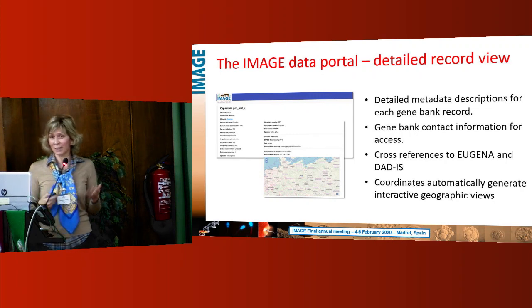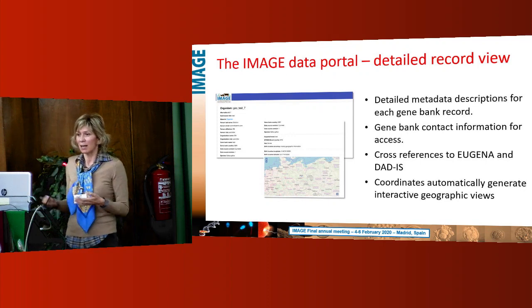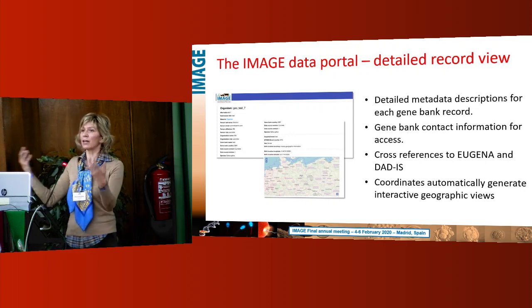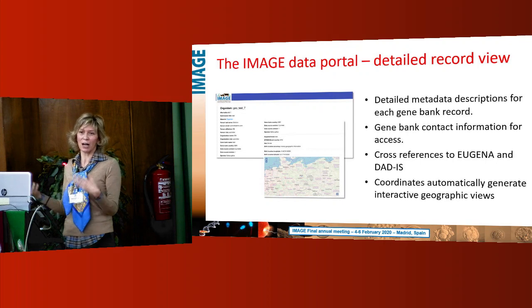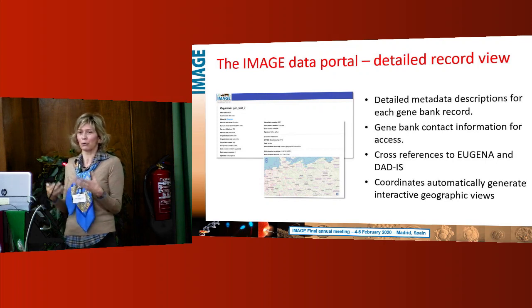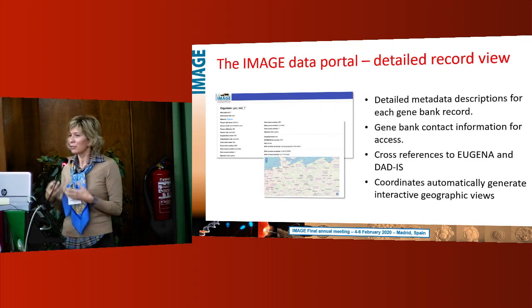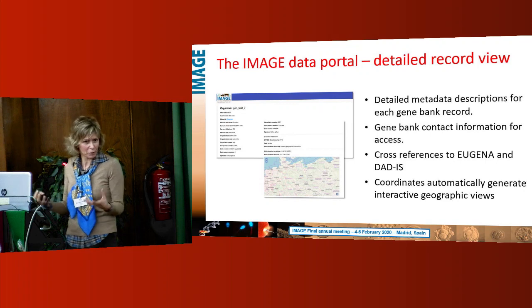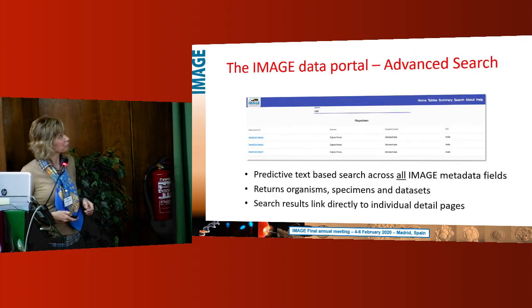So this is something that may help to advertise your collection outside in the world, where someone may look for a similar environment, for example, on what is available in a specific country, a specific region and areas.